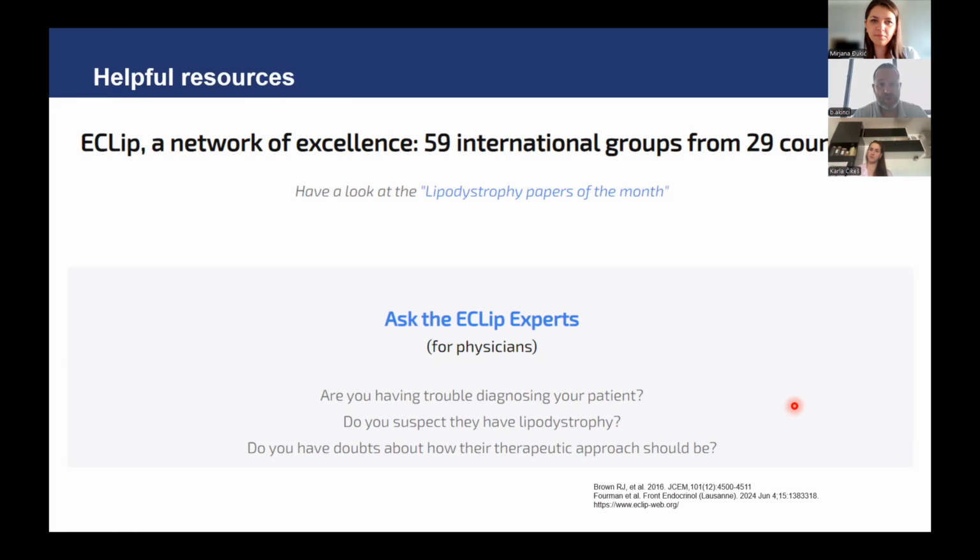So this is a group of experts from multiple countries, a little bit actually expanding beyond Europe. These people are likely seeing more patients than yourself in their routine life, and they also have their years of clinical experience in diagnosing these patients.